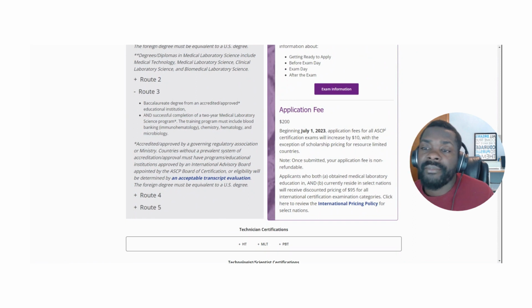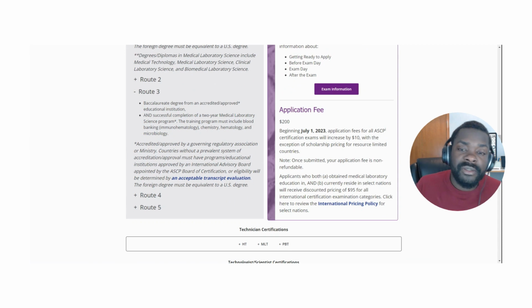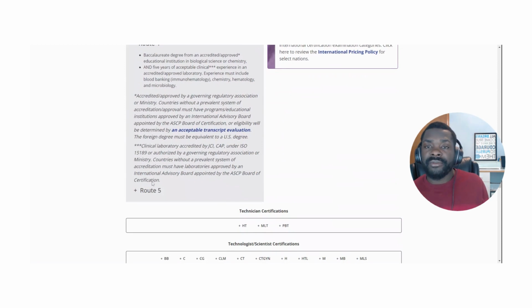You must have a bachelor's degree from an accredited educational institution and a successful completion of 2 years of medical lab science program. All right. The training must include blood banking, immunology, chemistry, and microbiology. Okay. Let's go to Route number 4. Bachelor's degree from an accredited education institution and 5 years of acceptable clinical experience in an approved laboratory.